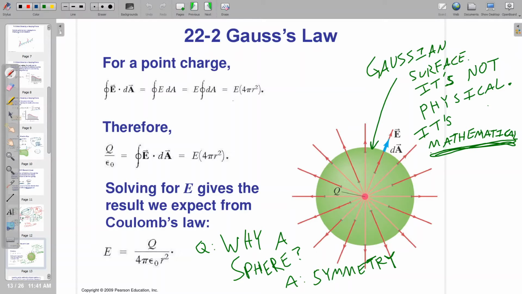You would say, I'm talking about a point a distance r away from a charge Q, so I'll go out a distance r, and I will have to define for myself a Gaussian surface.